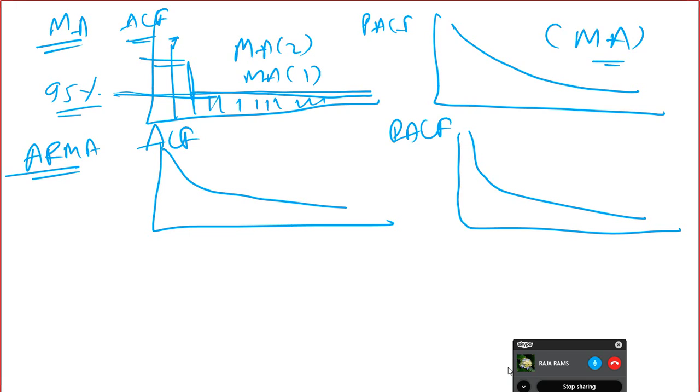Okay, so that is one thing to be understood properly. These are the rules through which you can find out whether it's an MA, AR, or ARMA model, what is the order of the model, and so on.